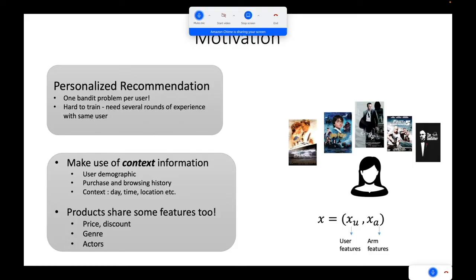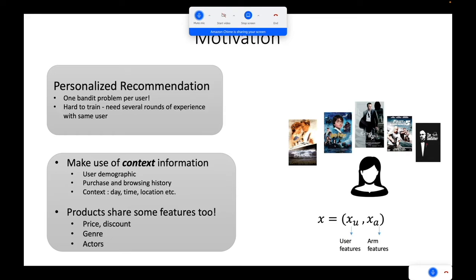One way to solve that problem would be to treat it as a multi-arm bandit problem for each user, so we have one bandit problem per user. Now this is not feasible, because to train each bandit model we would need to interact with the user multiple times, and it's an opportunity we will not get in real life.